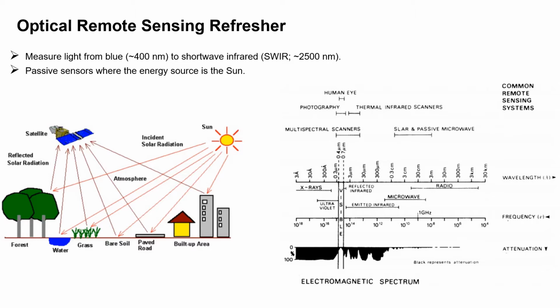This part of the spectrum is unfortunately largely affected by the atmosphere and clouds, which are blocking the radiation by scattering from the objects on the Earth's surface. So it's important that the satellite system takes into account effects of the atmosphere, and for example, in the data processing, we are able to remove or compensate some of these effects.